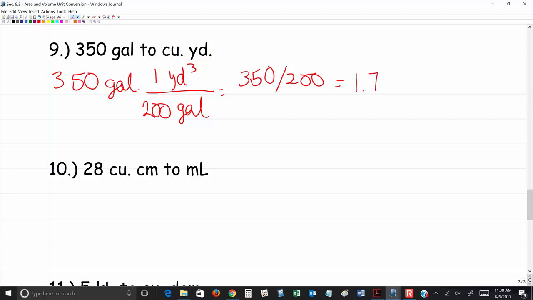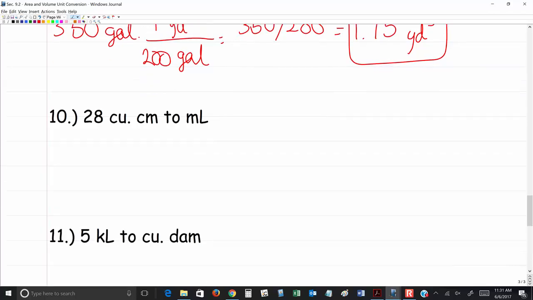So that'd be 1.75 cubic yards. Okay, and then 28 cubic centimeters to milliliters. And that's just a 1-to-1 direct conversion factor on the sheet. 1 milliliter equals 1 cubic centimeter. So this is going to be 28 milliliters. Really don't even need to do anything.